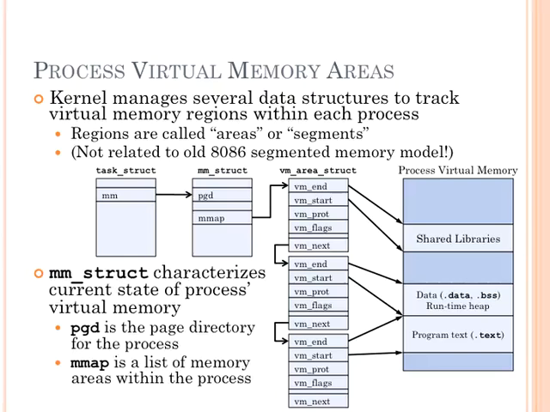So you can see that PGD is the stuff that the hardware uses. And mmap is a higher level, more conceptual representation of what's going on. You have things like VM start, VM end that says this is a memory region. Protections, so VM prot.